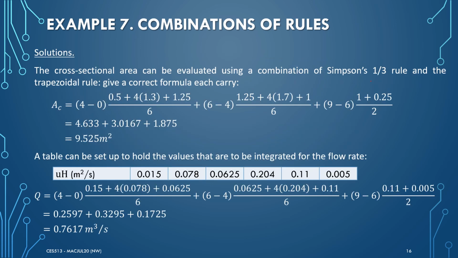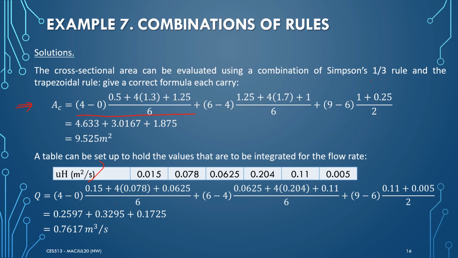For the solution, the cross-sectional area can be evaluated using a combination of Simpson's one-third rule and the trapezoidal rule. So here, the first 3 points, from 0 to 4, use the Simpson's one-third rule.